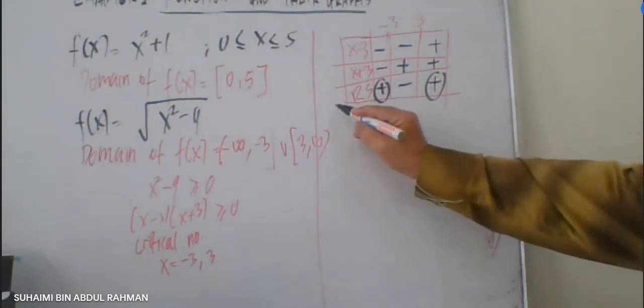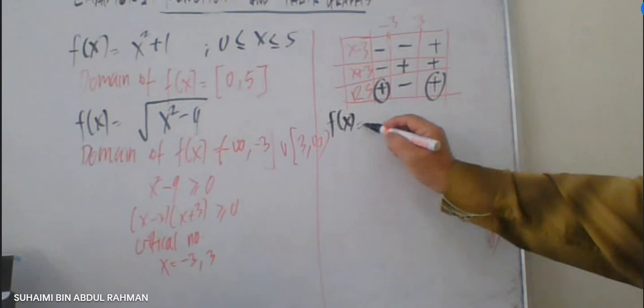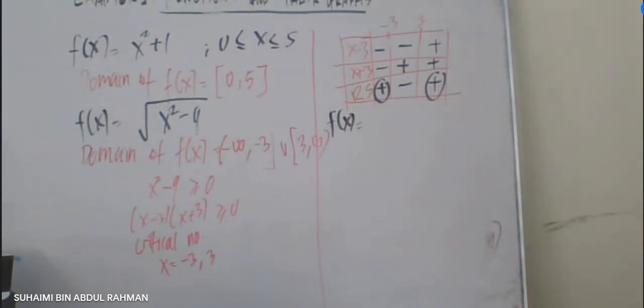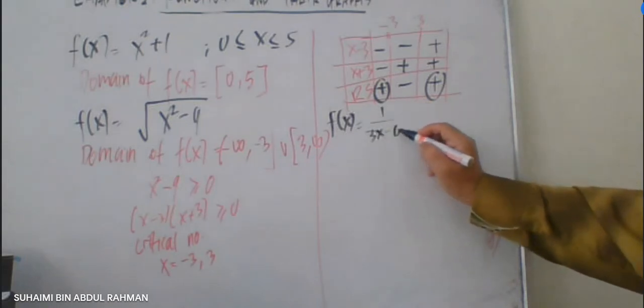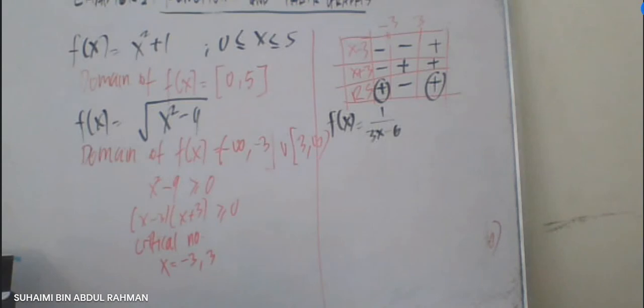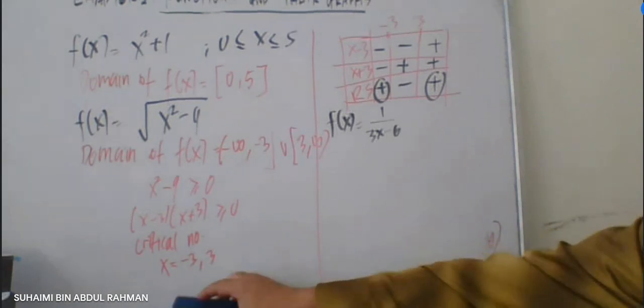If let's say we have the function f(x) equal to 1 over 3x minus 6. What is the domain of this function?